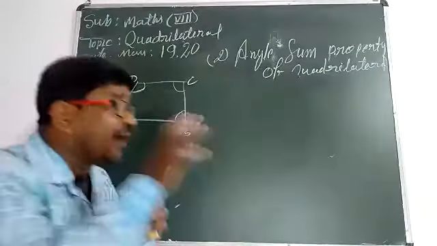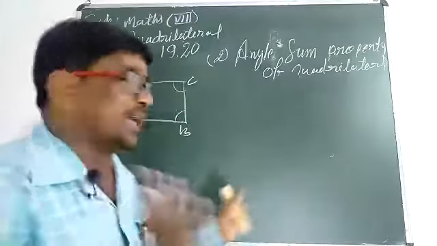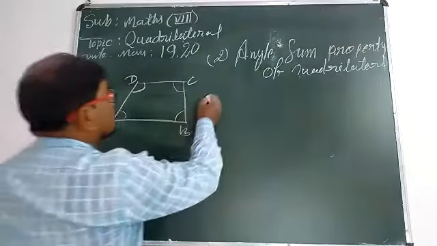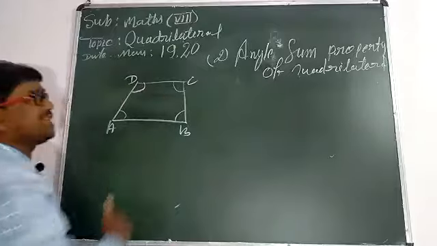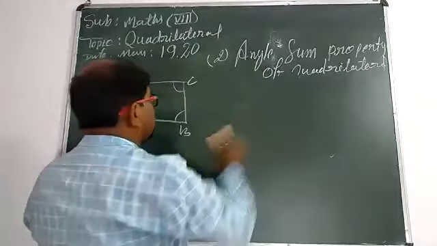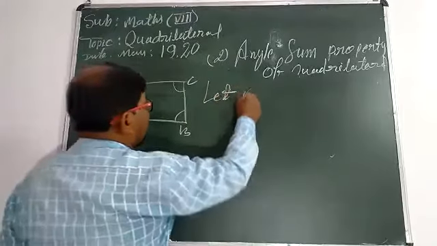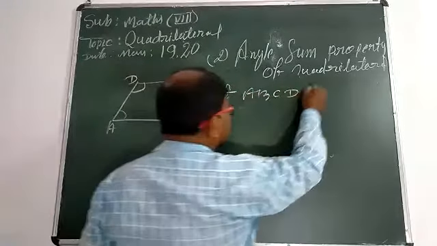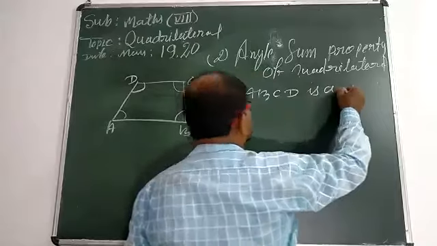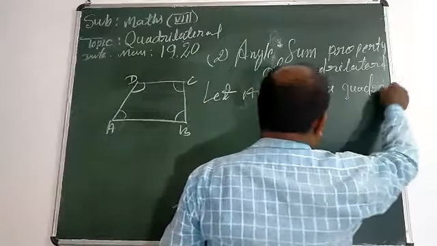We are trying to find it by our simple operation only. So first of all, we should write: let ABCD be a quadrilateral. Don't go into the theorem.